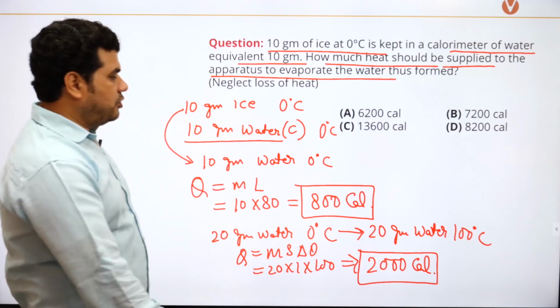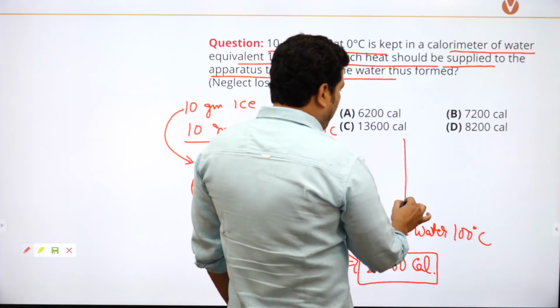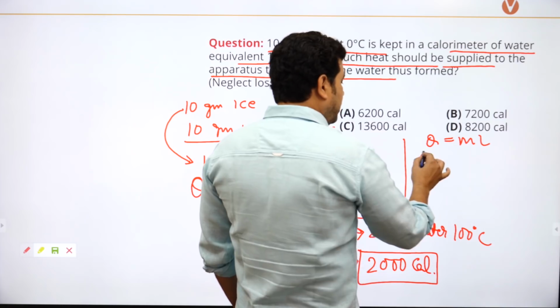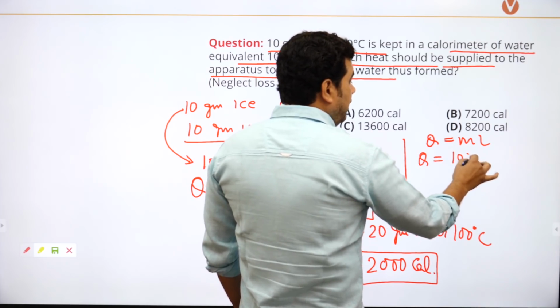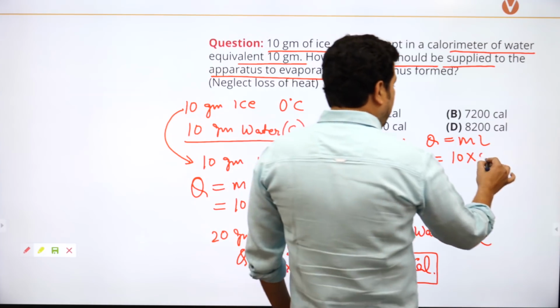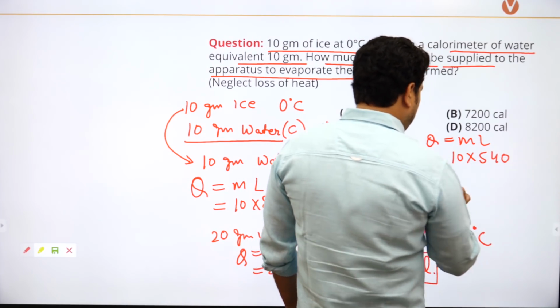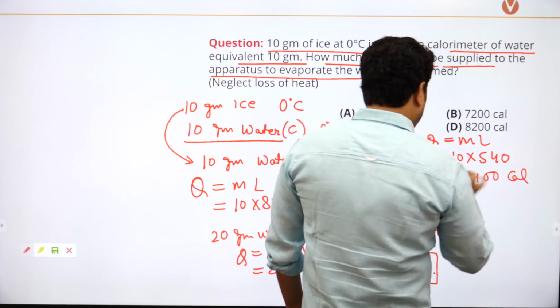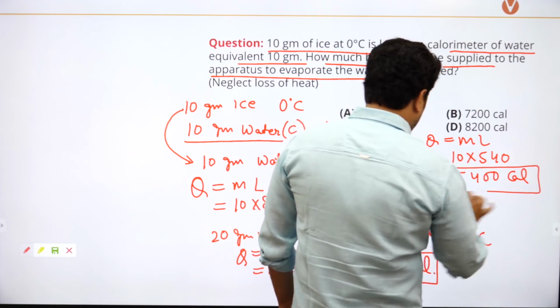So there is a change in phase. So we require Q is equal to again mL, where m is 10, L is the latent heat of steam. What is this? That is 540. Then here we get 5400 calorie of heat for this action.